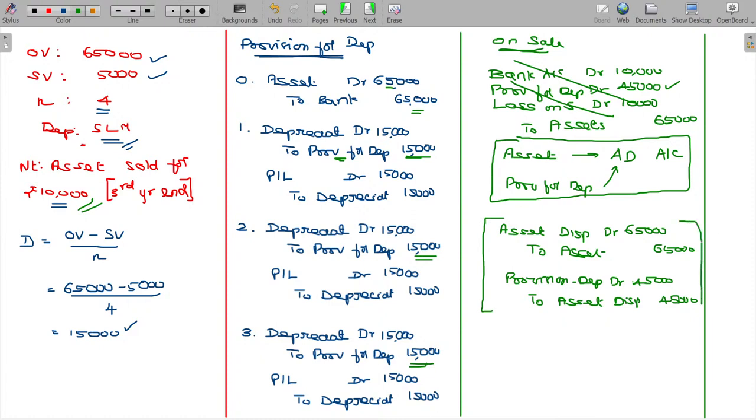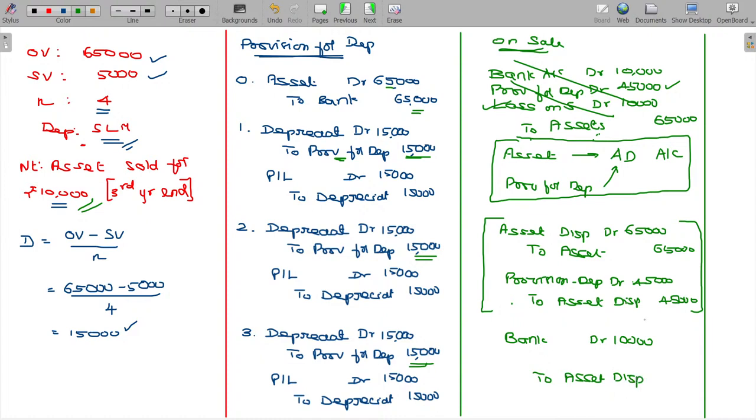Now you are going to sell this. When you sell the disposal, it is the same journal entry, but instead of asset, what comes in that place? Asset disposal. Is that okay? Bank account debit, you get 10,000 only, to asset disposal.